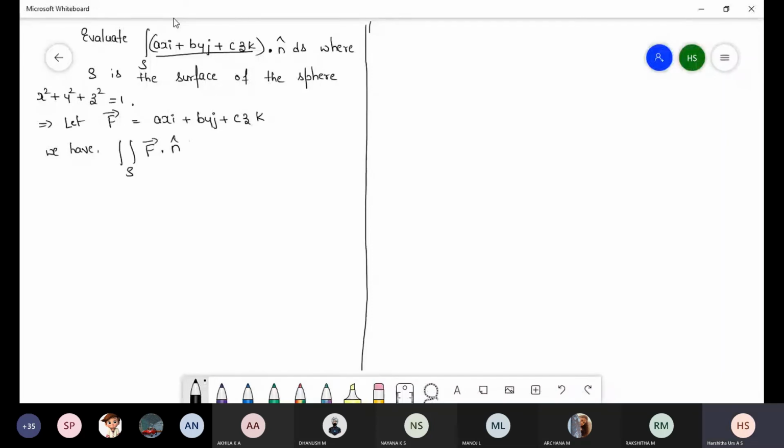Gauss divergence formula, divergence vector f dv.